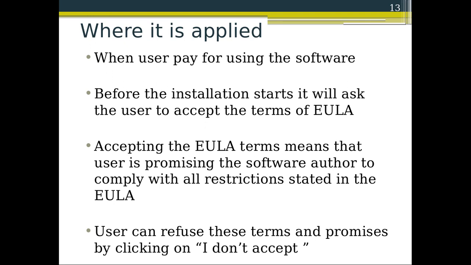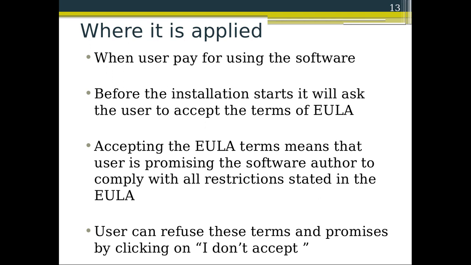Accepting the EULA terms means that the user is promising the software author to comply with all restrictions stated in the end user license agreement. A software developer or author has an agreement between you and him, and in this agreement there are many articles that you should comply with.